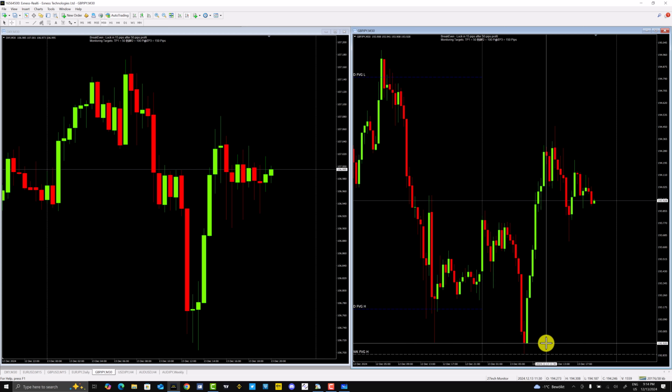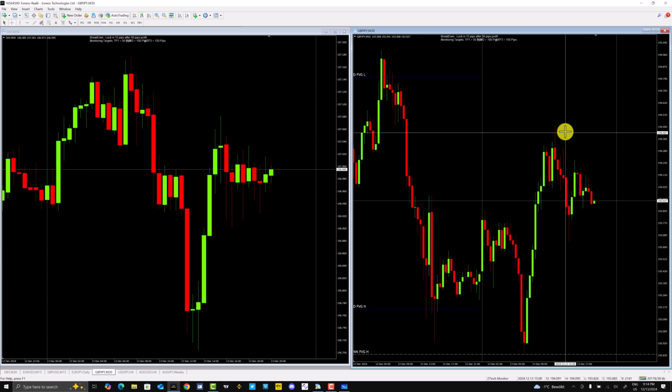If you take a look at the pips, let me use the closing of this candle to the opening of this candle. Right there, we have 138 pips, using the bodies of this day's range.